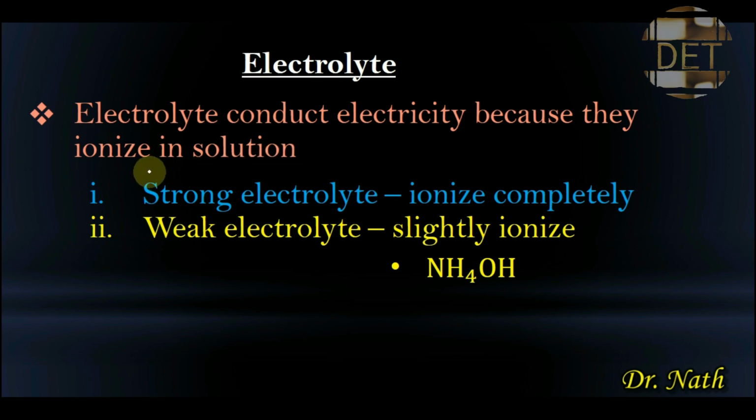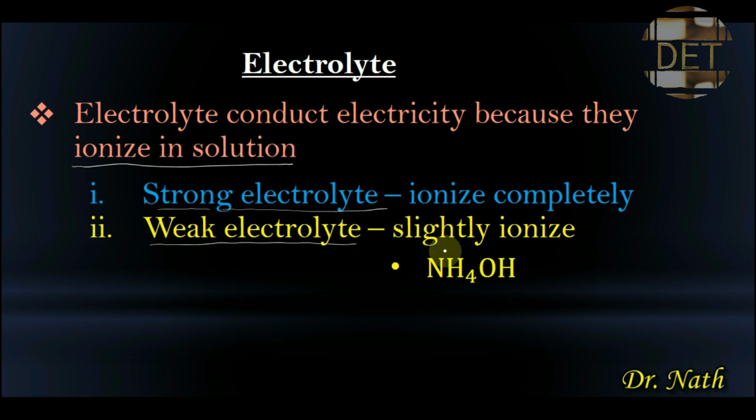Electrolytes can be strong or weak. When the electrolyte ionizes completely in solution, we call it a strong electrolyte. And when the electrolyte ionizes slightly in solution, we call it a weak electrolyte.